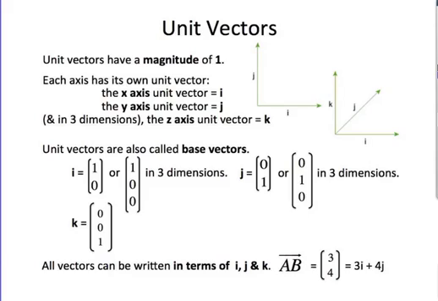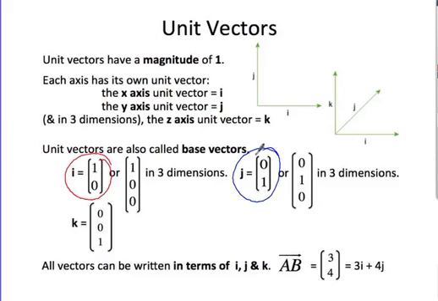As you can see, in 2 dimensions, the vector that moves along the x-axis is (1, 0), or in 3 dimensions, (1, 0, 0). The vector that moves you along the y-axis can be represented as (0, 1), or in 3 dimensions, (0, 1, 0).